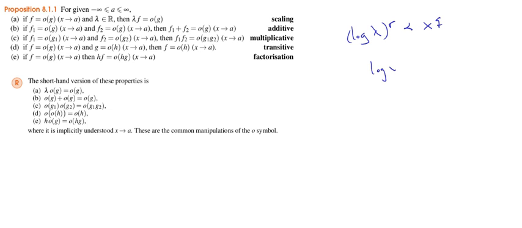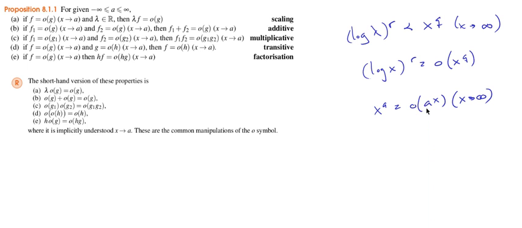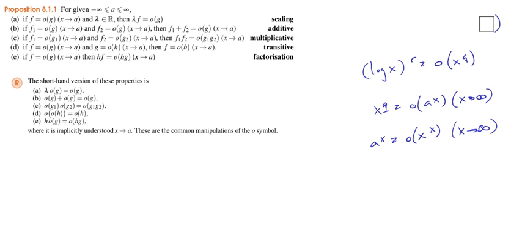Well, that means that the logarithm of x to the r is small o of x to the q when x goes to infinity, right? Now the same goes for x to the q is small o of a to the x for any a that's positive and greater than 1, obviously, and this q and r positive numbers, and a to the x is small o of x to the x, right, when x goes to infinity. So you see how to write the things that we have seen in terms of negligible functions and asymptotic equivalences using the small o notation.